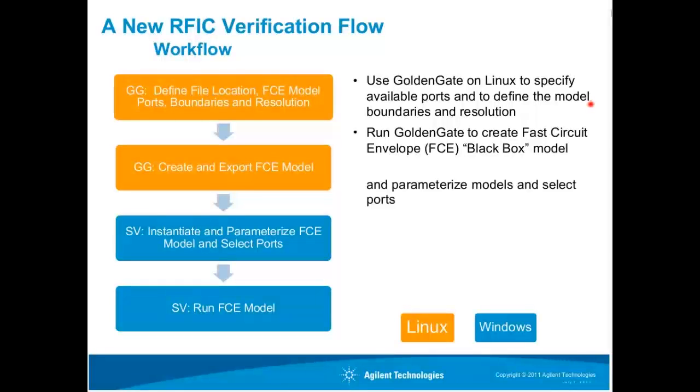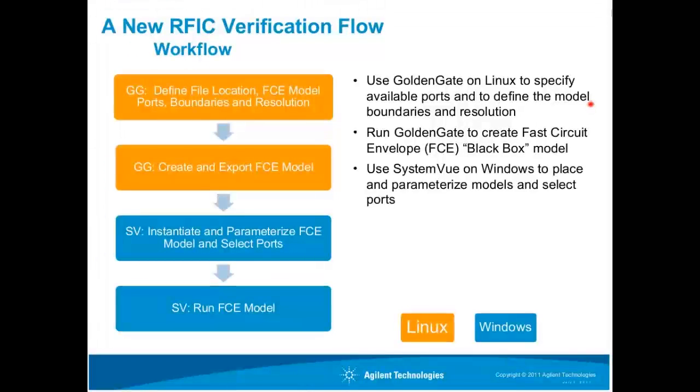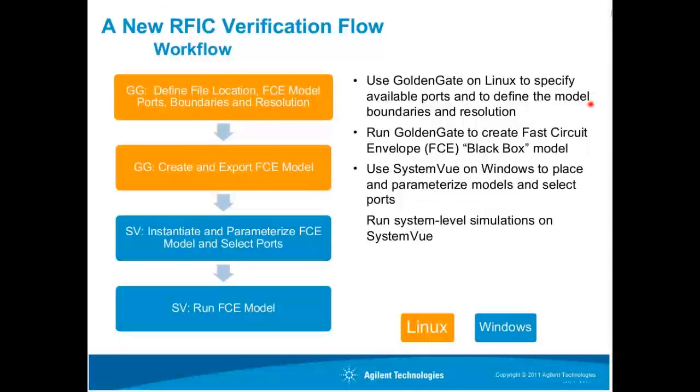On the system level side, on Windows, we're going to take that model, which is a file, place it, parameterize it, and select the ports that we want to use in our system-level simulation, and then we run it inside of our system-level test bench. So basically, the model creation is done on Linux. The model consumption and usage is done on Windows.